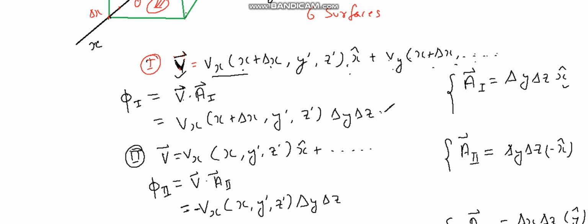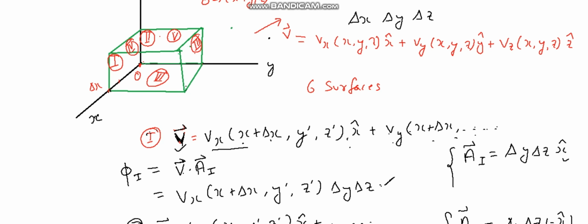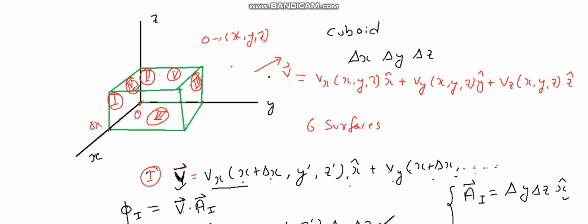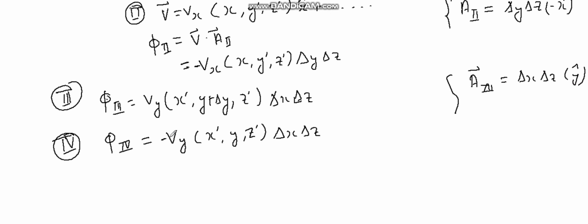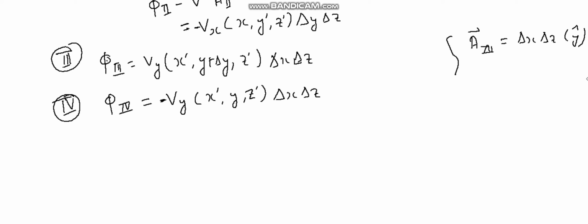How did we get this? This is the fourth surface. Here the area vector is delta x delta z in the minus y cap direction, and that minus sign comes over here, and the direction of the area is y cap. That's why only the y component of this vector field will survive, or contribute to the flux.